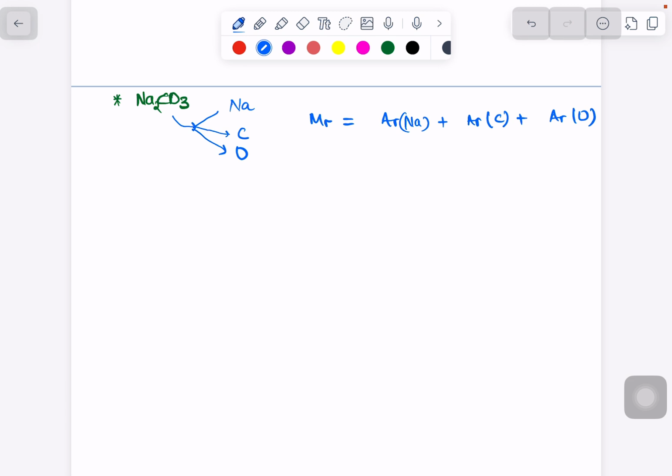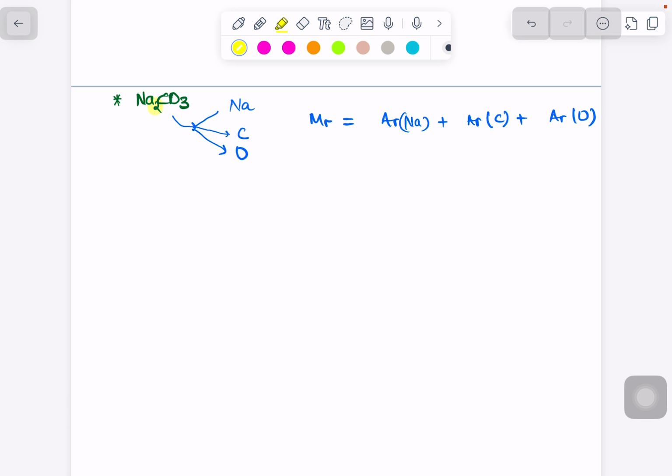After identifying the type of element, the second step is the number of atoms of each element present in the molecule. And as I told you before also, it is presented by the subscript of the symbol of an element in the formula. For example, Na, the subscript is 2.